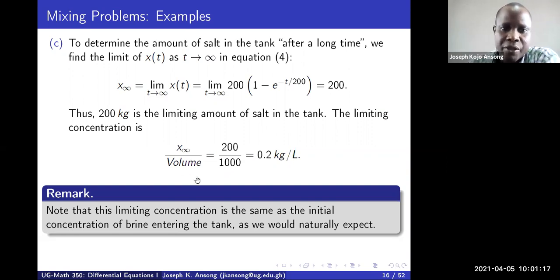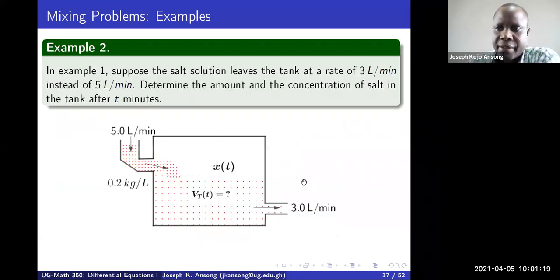Okay, good. So let's finish off with the last example. This is similar to the first example, but there is a big difference. We're going to take example 1, but now suppose that the amount leaving the tank is 3 liters per minute instead of 5 liters per minute.